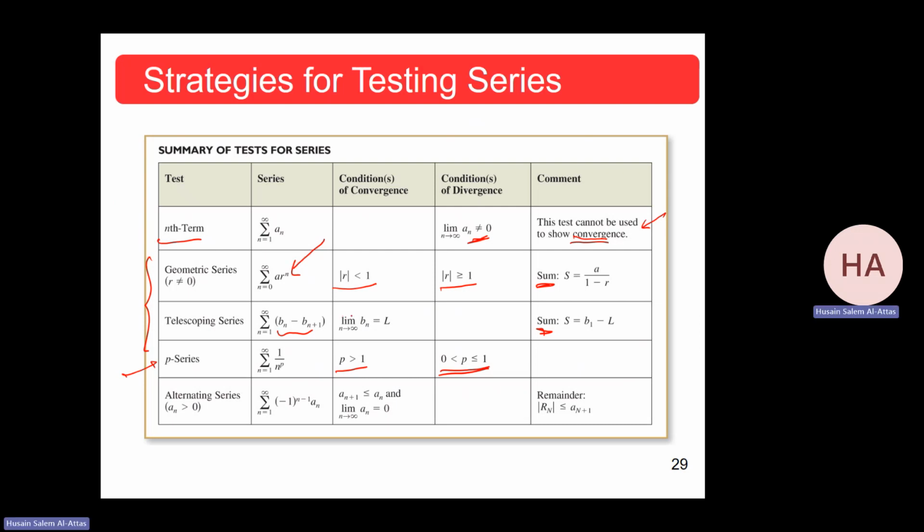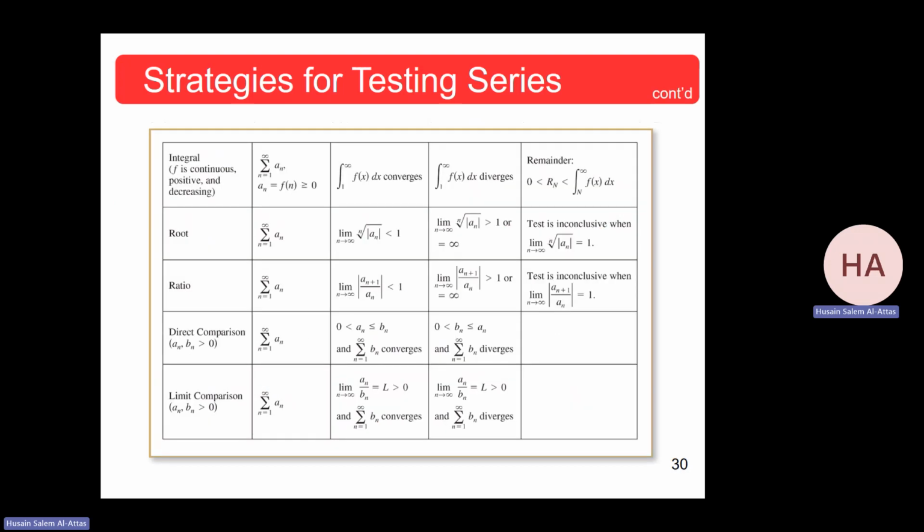And telescoping: if we do the cancellation and the limit of the term goes to a value, then it will converge, otherwise it will diverge.